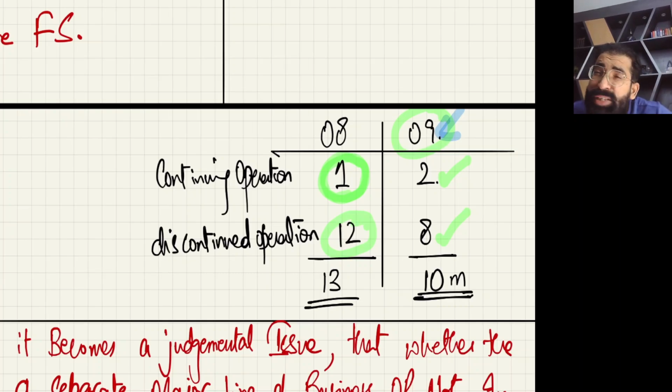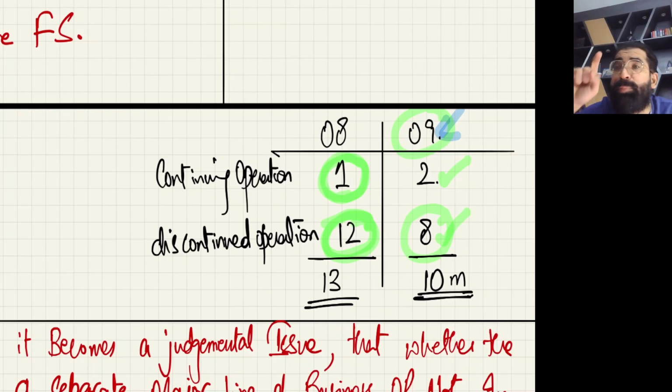So what is the objective of this comparative presentation of last year for the discontinued operation? Listen, you know what is the reason? In this way the shareholder will come to know whether your decision is correct or wrong. See, last year you made $12 million from the discontinued operation, and in the current year you made $8 million. That means you have taken the right decision. The operation which you just discontinued was a sinking ship.